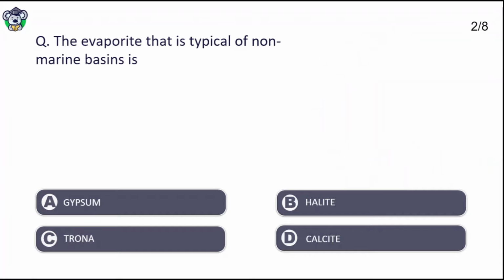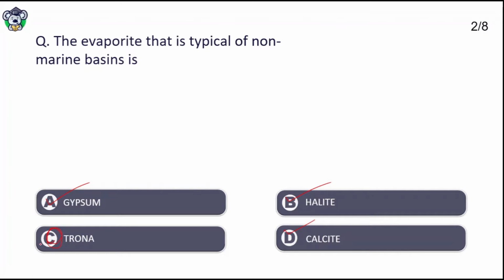The evaporite that is typical of non-marine basins: which evaporite deposit is found in non-marine basins? You know gypsum is found in the marine basin, halite also, calcite also, and the rest, that is trona, is found in non-marine basin.